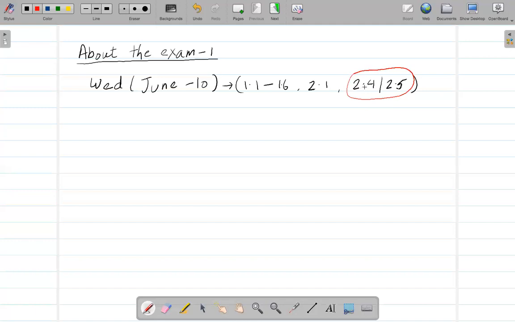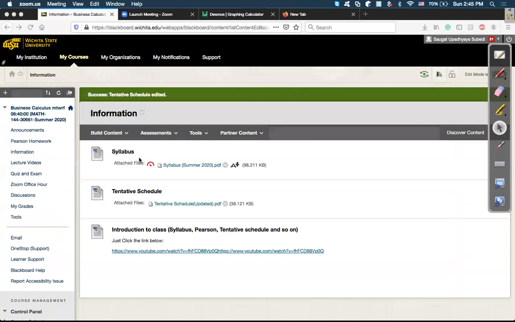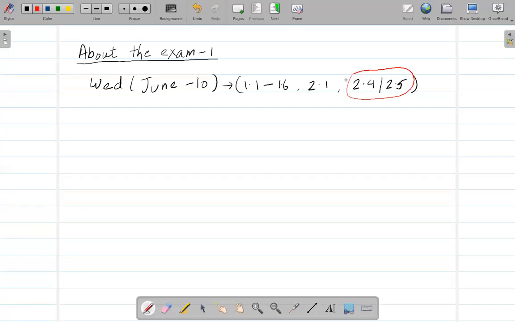You can see the updated schedule on Blackboard inside the information tab. Please check it over there. If I make any changes, I'll let you know. Right now the new change is that these two sections are included.